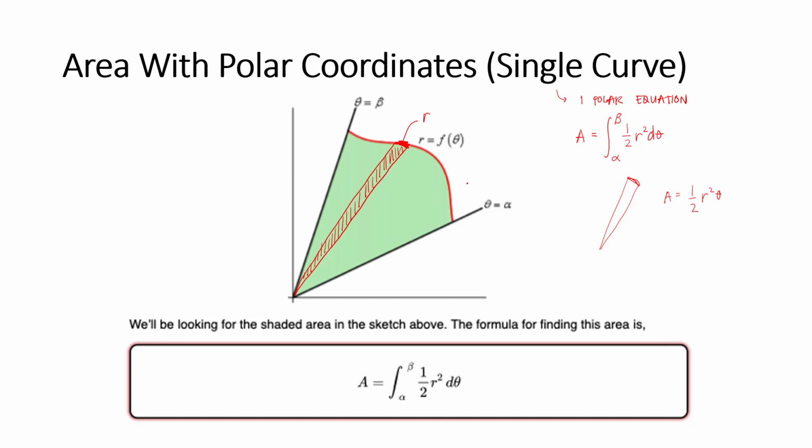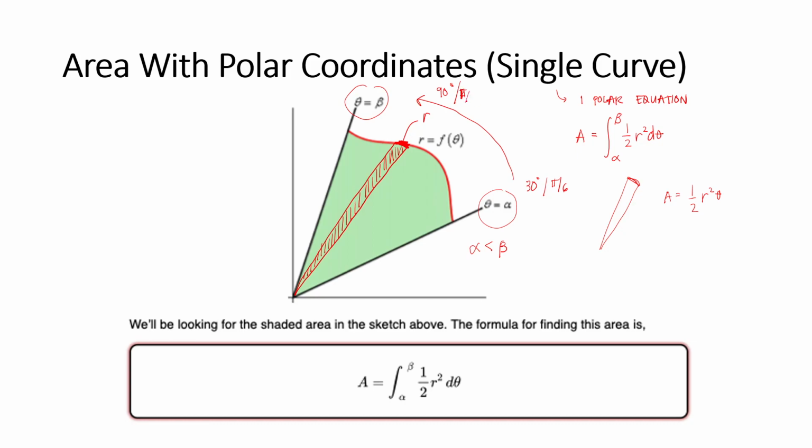So another thing to take note of in the formula is that you have alpha and then beta. And take note that it's always measured counterclockwise. So alpha going to beta. So alpha must always be lesser than beta. So that, for example, let's say 30 degrees, or let's say pi over 6, going towards 90 degrees, or let's say pi over 2, or pi over 4.